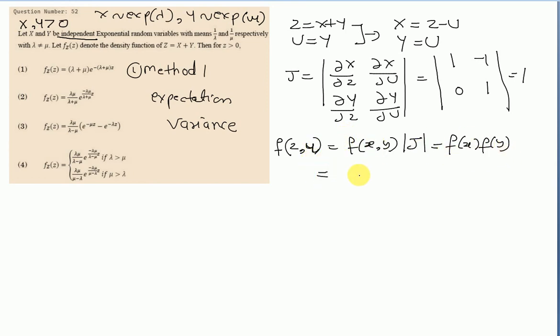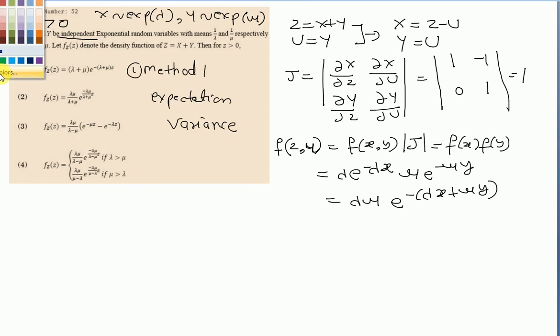Here we are writing our PDF. f of x equals lambda e raised to power minus lambda x and mu e raised to power minus mu y. So here it is lambda mu e raised to power minus lambda x plus mu y. So till now we have no problem of writing.